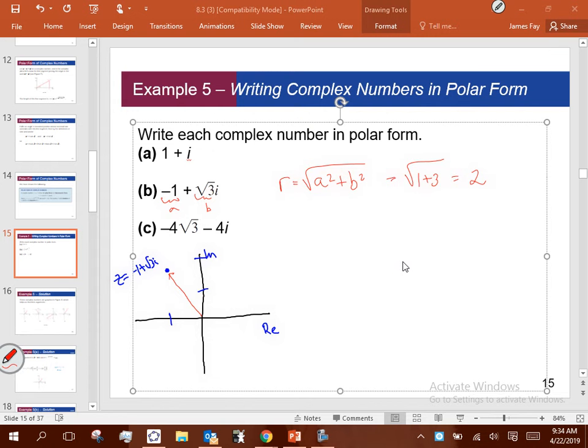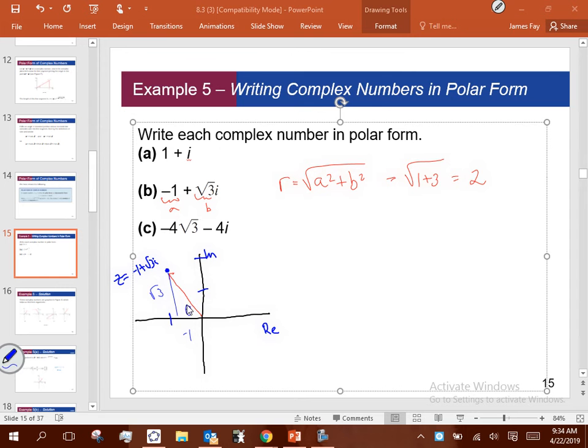Okay? Now here's where a picture can come in handy for us. Or at least if I don't draw the picture, still being able to visualize it in my mind by knowing what quadrant I'm in. Because when I try to find theta with this right triangle here, this is radical 3, this is -1.